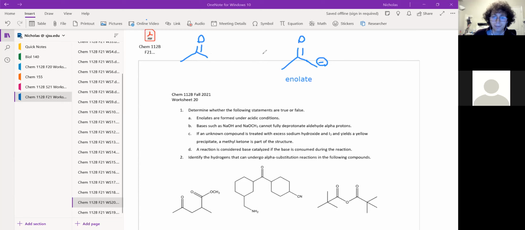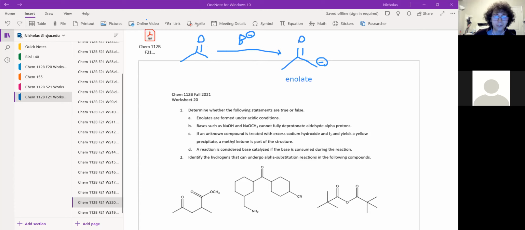And if something has a negative charge, it typically is formed by adding some sort of base or like having some sort of nucleophile attacking something. So that's the case here. Like you would be adding a base to a carbonyl to make an enolate.